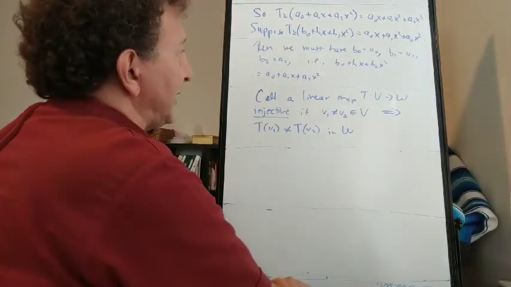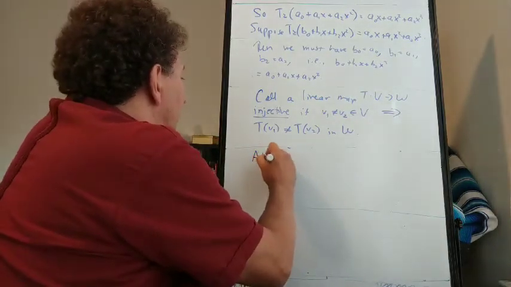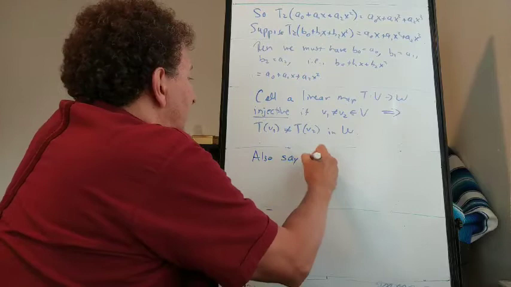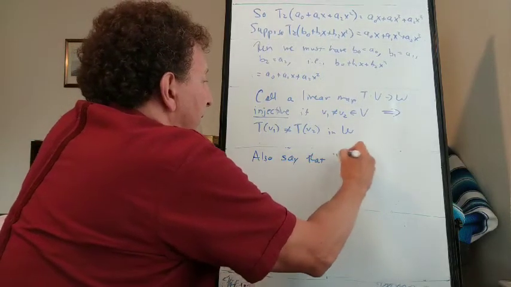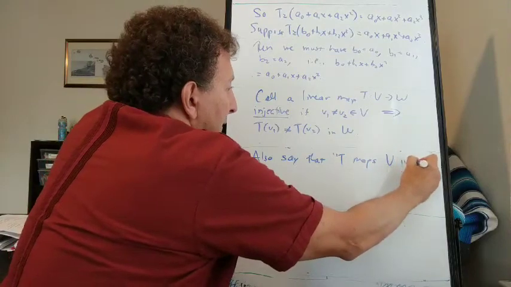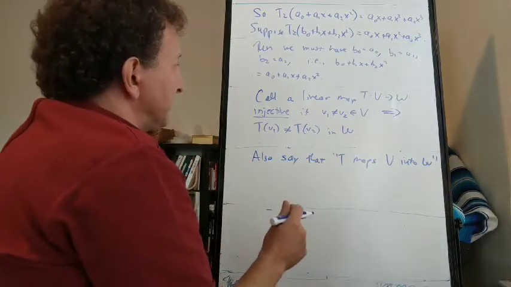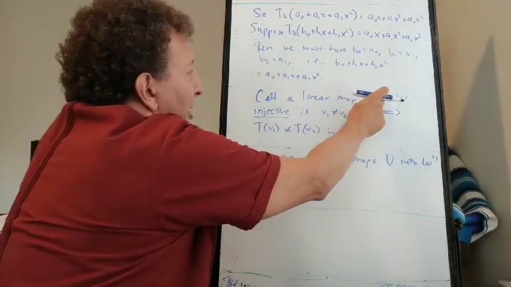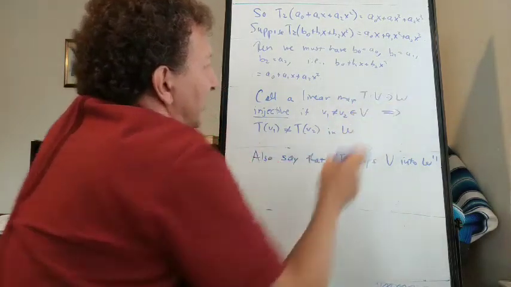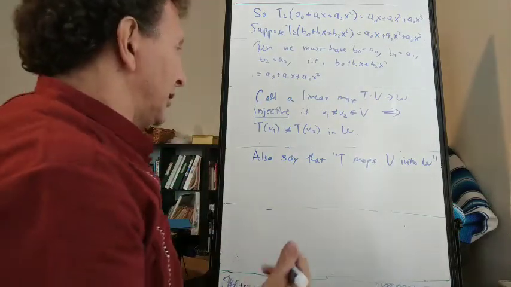We also say that T maps V into W. Because if the different elements of V get mapped to different elements of W, it's sort of like we have another copy of V sitting inside of W.